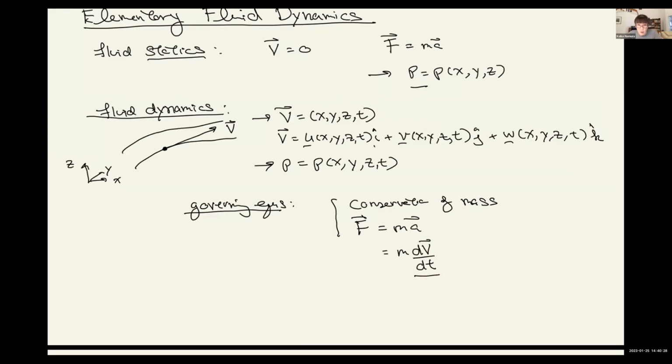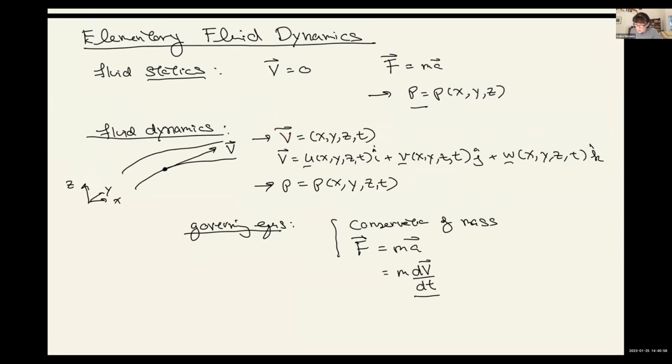So things can get very complicated, and we're going to consider the general case in chapter 6. We'll derive and develop the full equations of motion that describe the velocity and pressure in space and time. It'll be a set of differential equations that can be solved to determine both this and this. But in this textbook, first we're going to consider a simpler case.